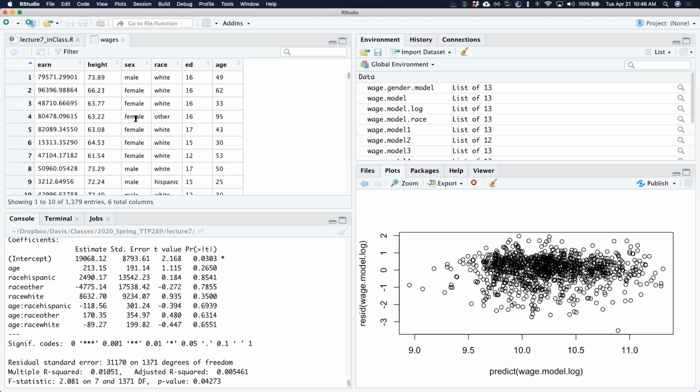Because you might imagine that education and race, for example, the combination of those 2 things, might be something that you want to test out. And so oftentimes that is how people end up deciding to test specific variables.